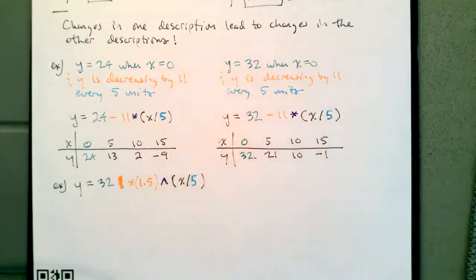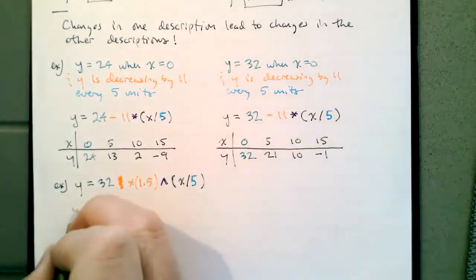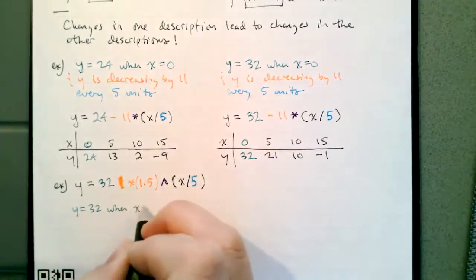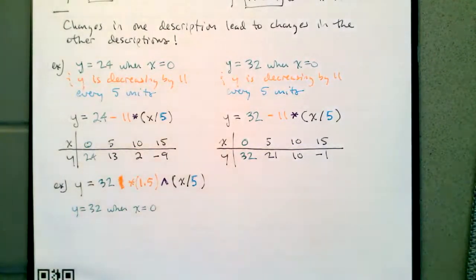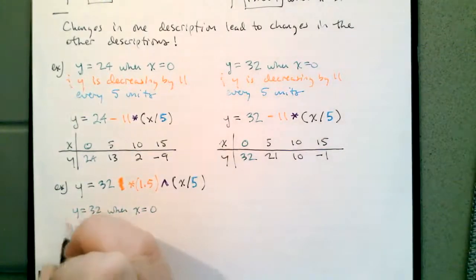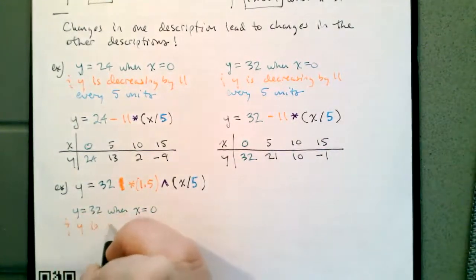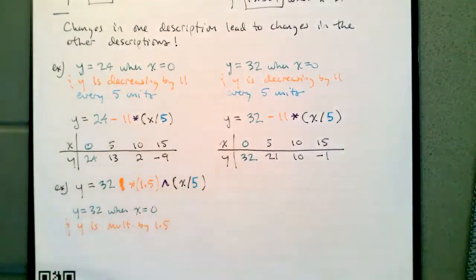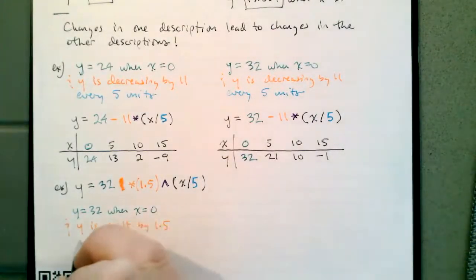We want to be able to read what's going on in this equation. In this equation, we see that y equals 32 when x equals 0, and y is multiplied by 1.5 every 5 units.